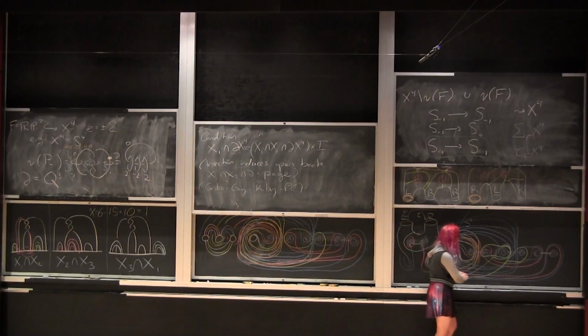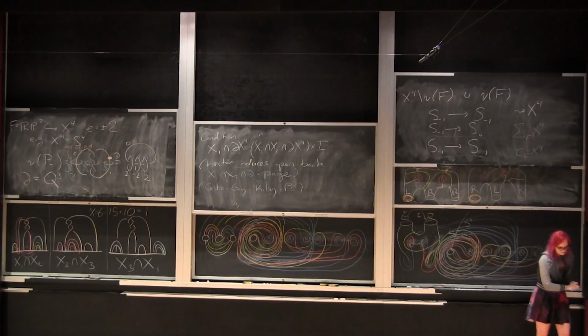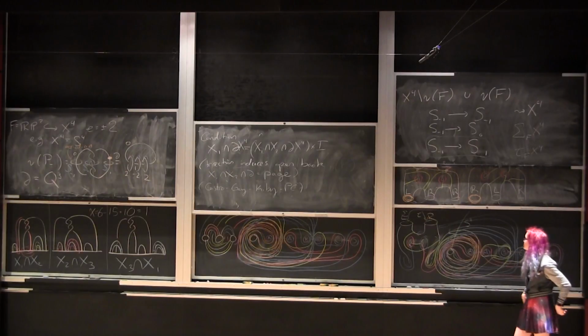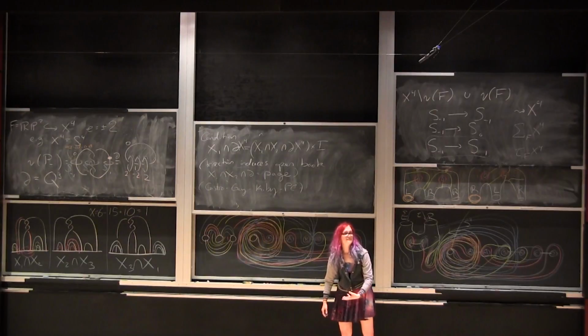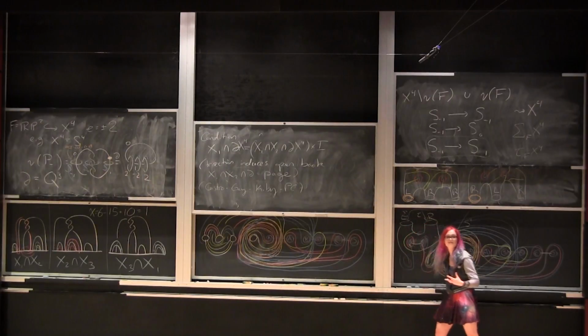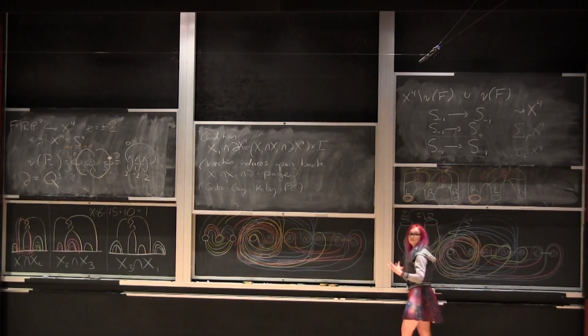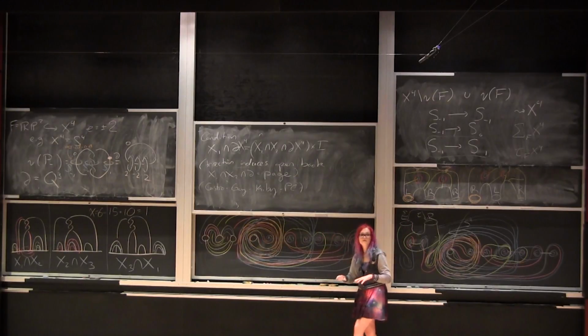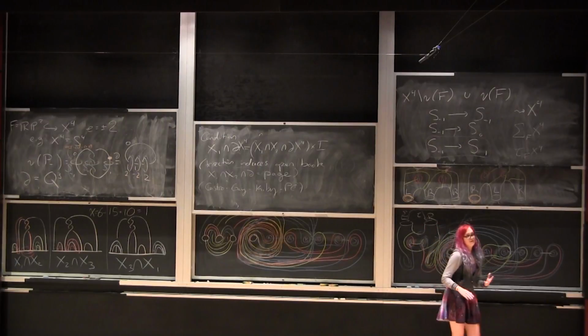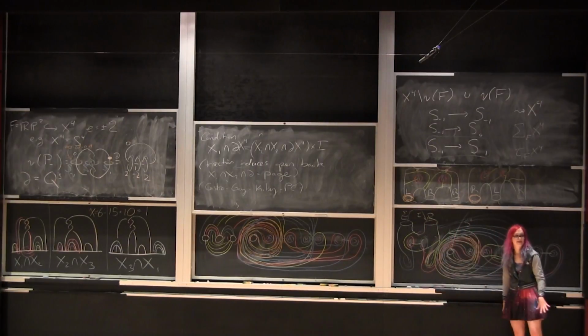There's this weird thing, a big difference between trisections and Heegaard splittings. Heegaard splittings of S3 are very simple. We have Waldhausen's theorem, which says that every Heegaard splitting of S3 can be destabilized to the trivial diagram. And that's just not known to be true for trisections. We don't know if every trisection of S4 can be destabilized down to the trivial diagram.